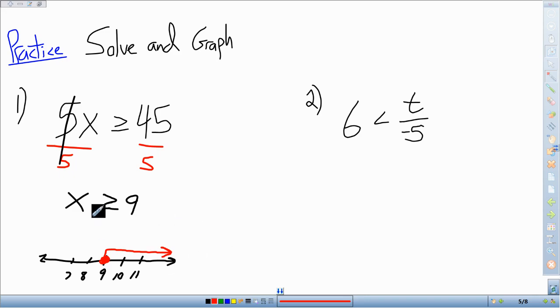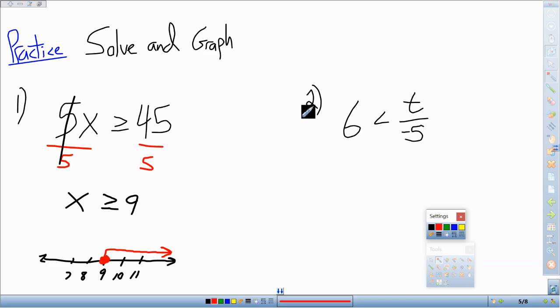The reason why we put a closed dot instead of an open dot is it represents that 9 is part of our answers for x. x is greater than or equal to 9. So this graph represents our answer. All of these numbers that are greater than 9 or equal to 9 could be our value for x. So just a little reminder on that.